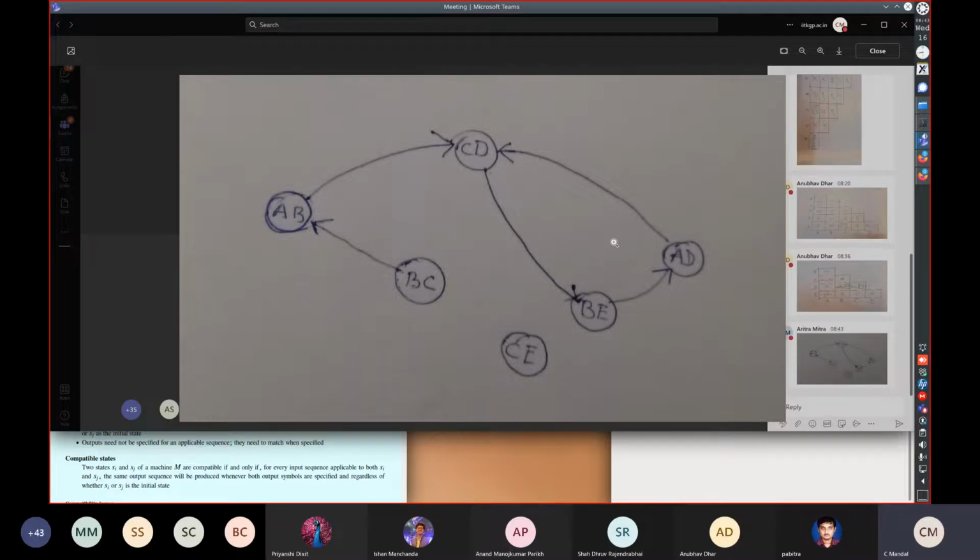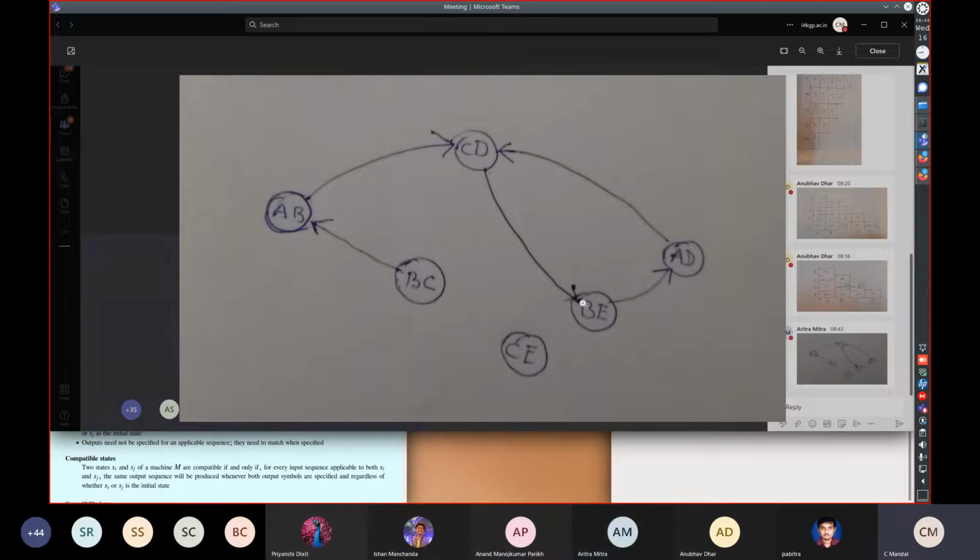What will be your closed set of compatibles? So we can take CD, BE, and AD.